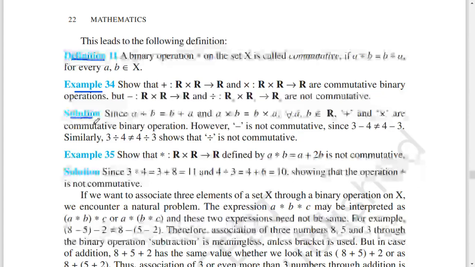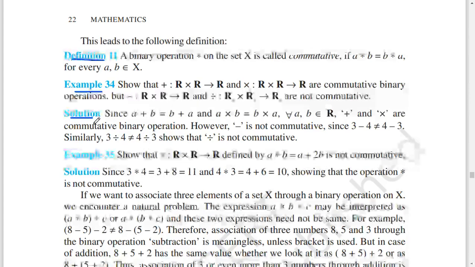Solution: since a + b = b + a and a × b = b × a for all a, b belongs to R, plus and cross are commutative binary operations. However, minus is not commutative since 3 − 4 ≠ 4 − 3. Similarly, 3 ÷ 4 ≠ 4 ÷ 3 shows that divide is not commutative.